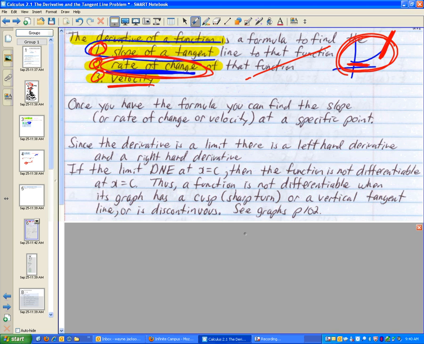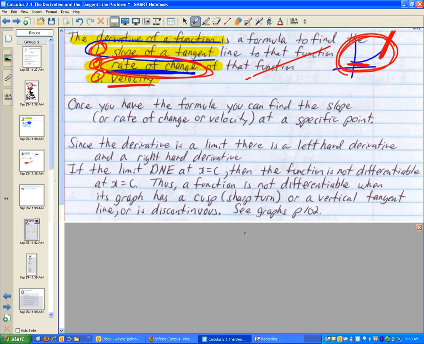Now, since the derivative is a limit, there is such a thing as a left-hand derivative and a right-hand derivative. The left-hand derivative would be the limit as delta x approaches 0 from the left. The right-hand derivative would be the limit as delta x approaches 0 from the right. Okay? Now, if the limit does not exist at a certain point, then the function is not differentiable at that point.